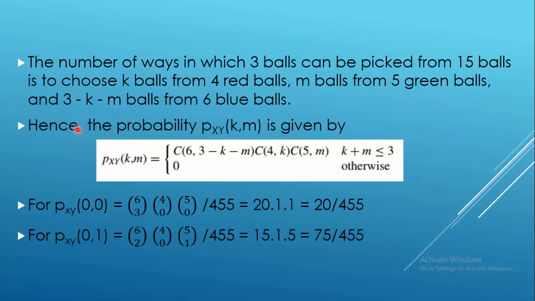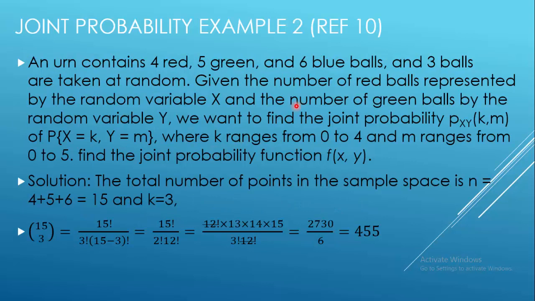So hence the probability is very simple: C(4, k), all the combinations of red balls, times C(5, m) for the green balls, and then this last C is simply the total possible combinations for blue balls. 6 blue balls are here.